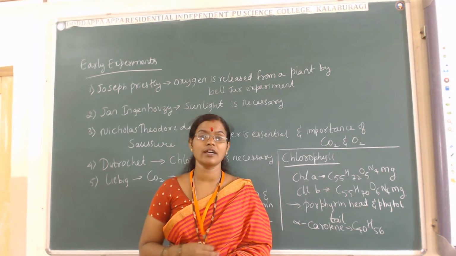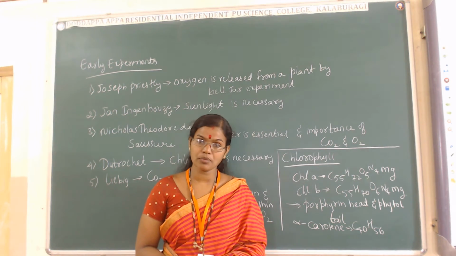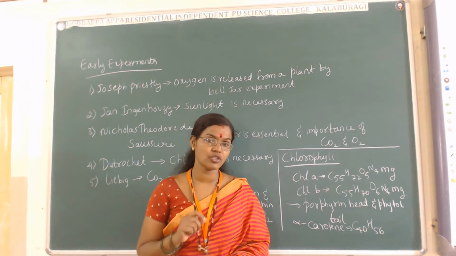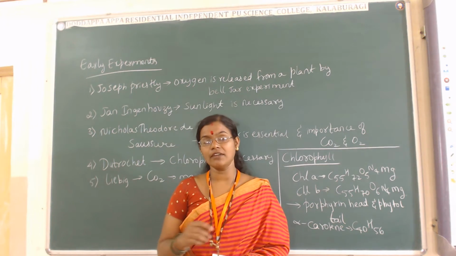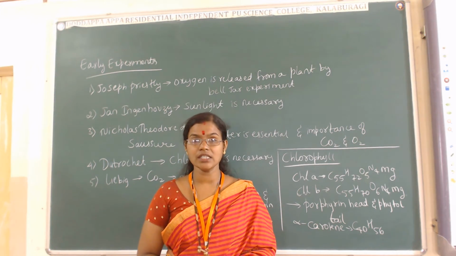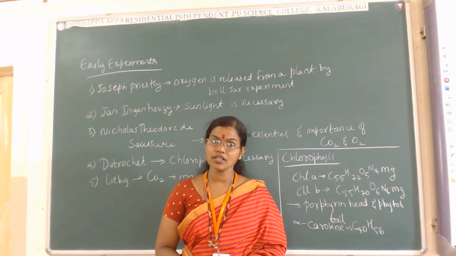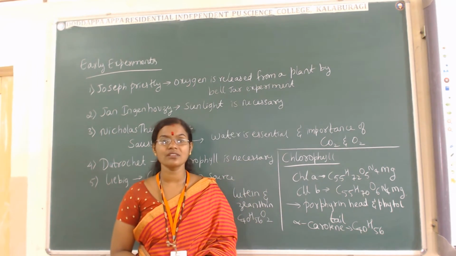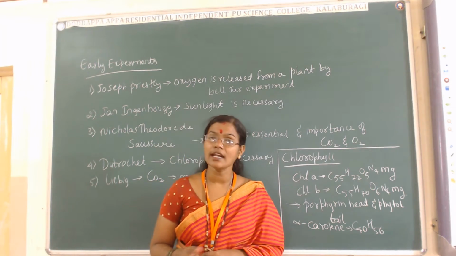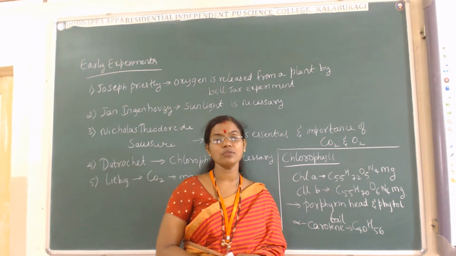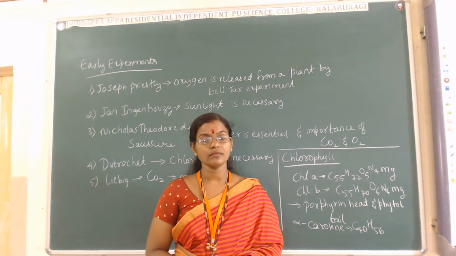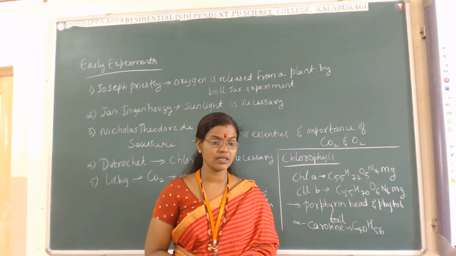Whereas absorption spectrum means the plant has to decide which wavelength is suitable for photosynthesis, and then it undergoes the process of photosynthesis or food synthesis. So usually the absorption spectrum is a bit delayed.